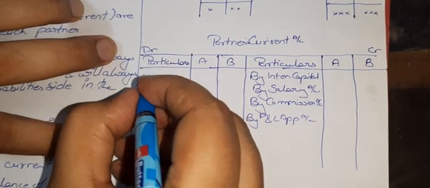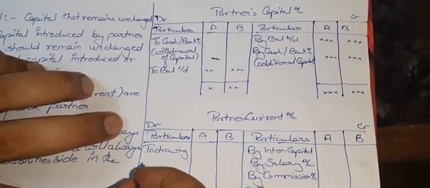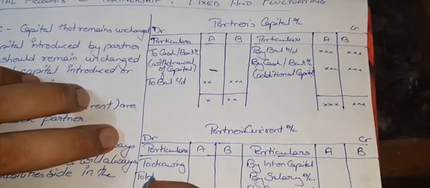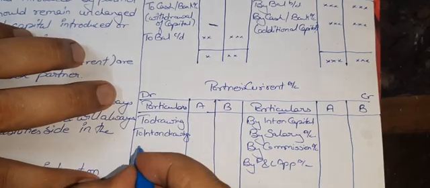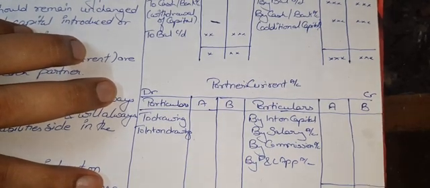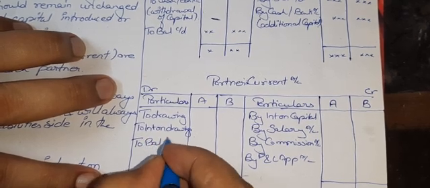On the debit side, if there are any drawings, to drawings. If interest is charged on drawings, to interest on drawings, and then the balance, to balance carried down.